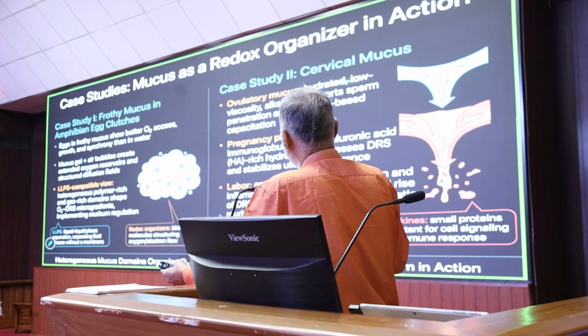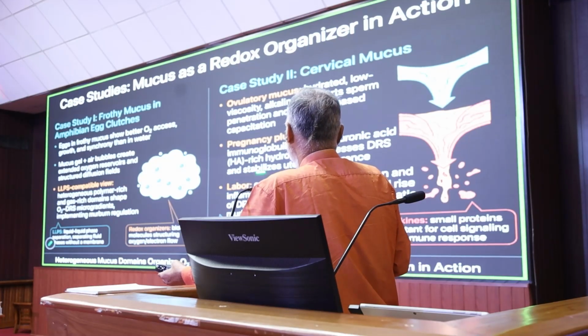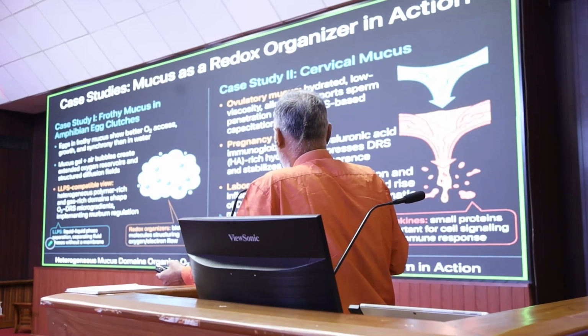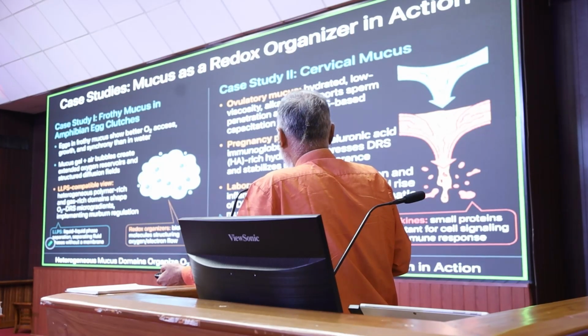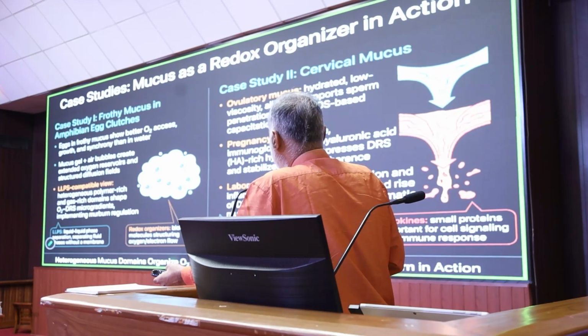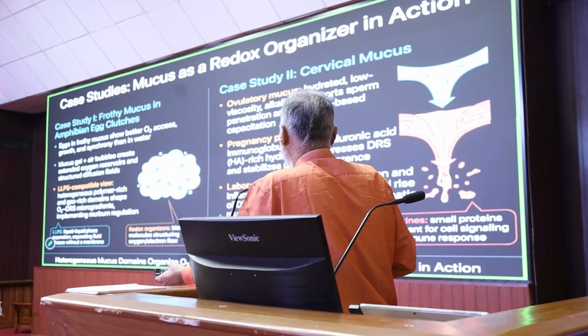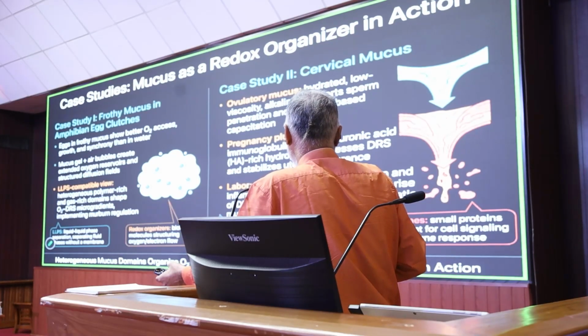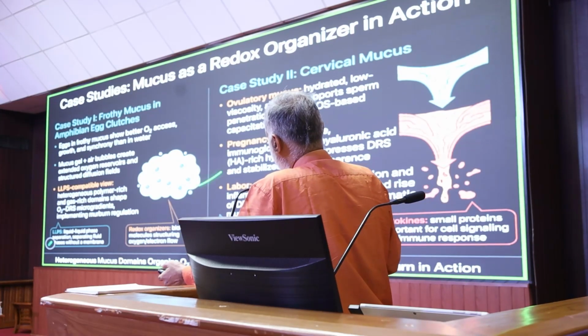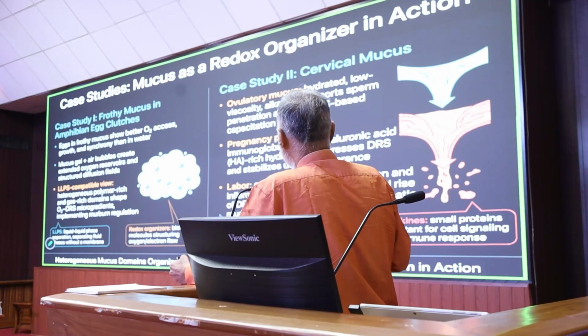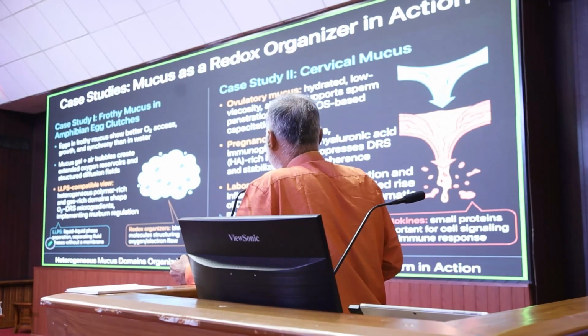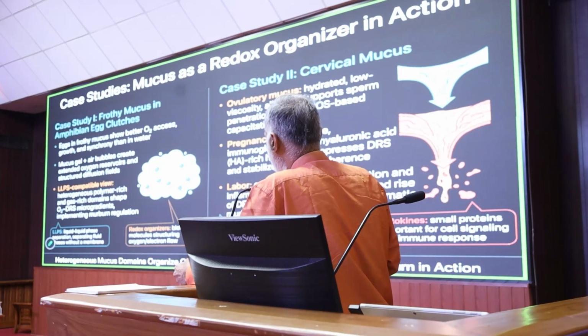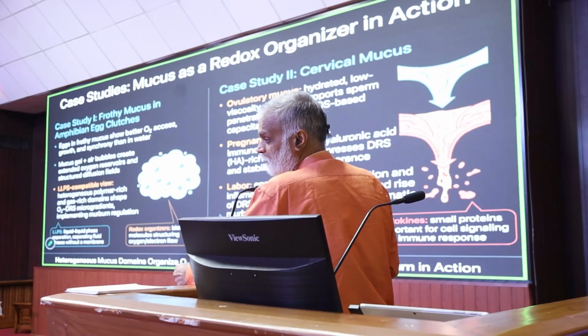So we have the cervical mucus, the pregnancy flux and ovulatory mucus, labor, all these things. We are able to explain based on the organization of the focus, oxygen and the DRS, microgradient and the exoskeleton. These are examples of cases which we just submitted and published as a preprint in bioRxiv. We are going to communicate soon.